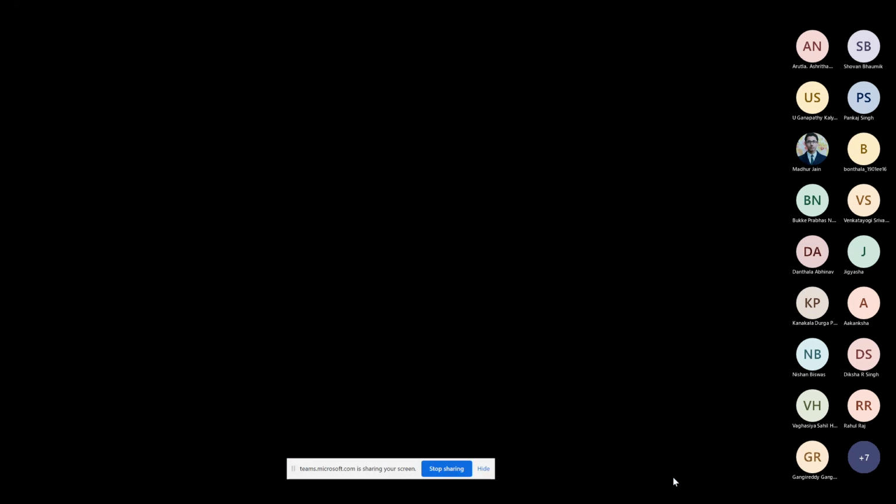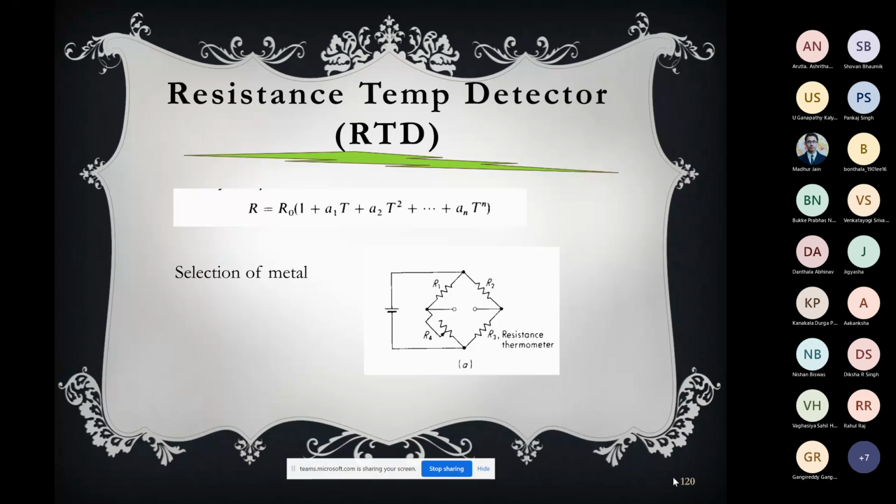The third property is sensitivity, which I was discussing when it was disconnected. Suppose this is your linear relationship, and A2 and all those terms are very small. So your R becomes R0 into 1 plus A1t. Now you do dR by dt. R0 is constant, so its derivative is 0. So dR by dt will be equal to R0 A1.